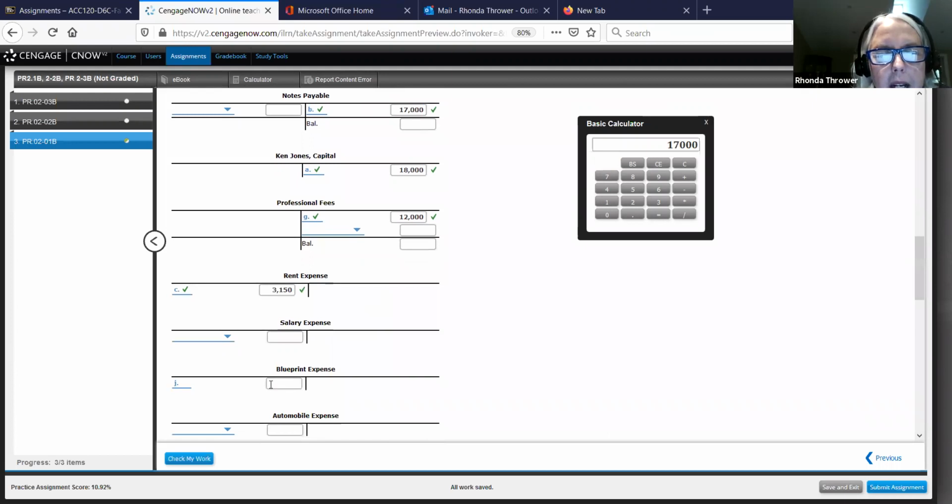My blueprint expense is debited because we are increasing the expense account.